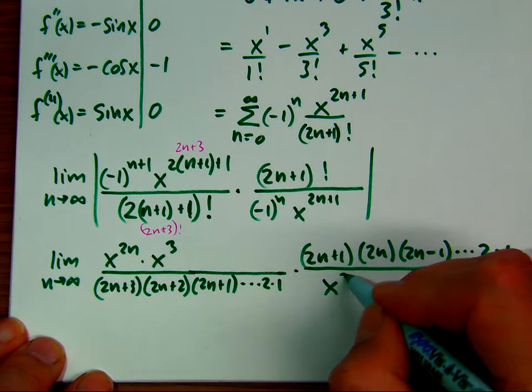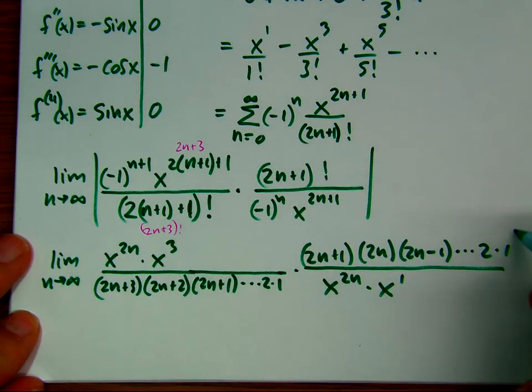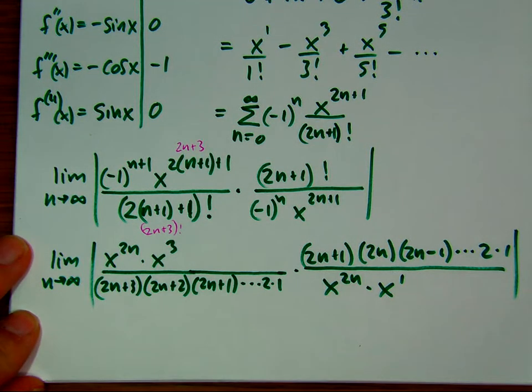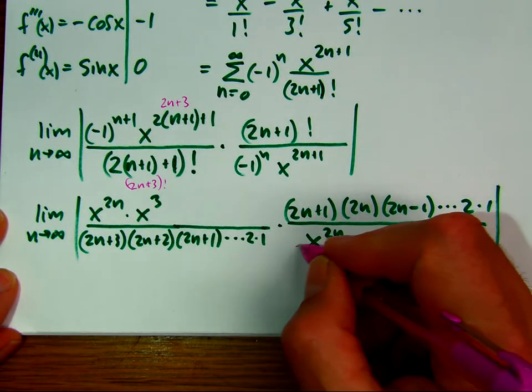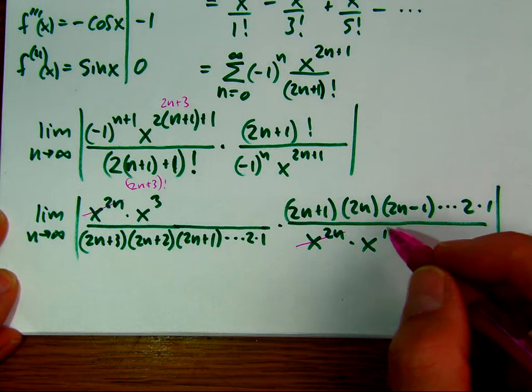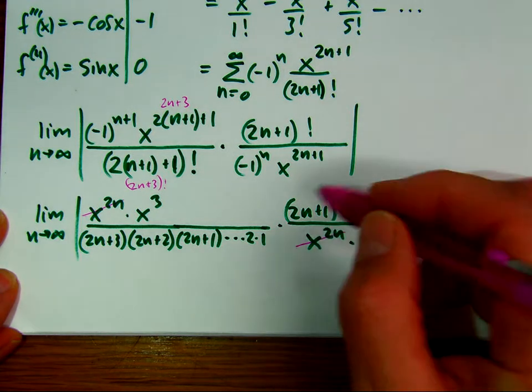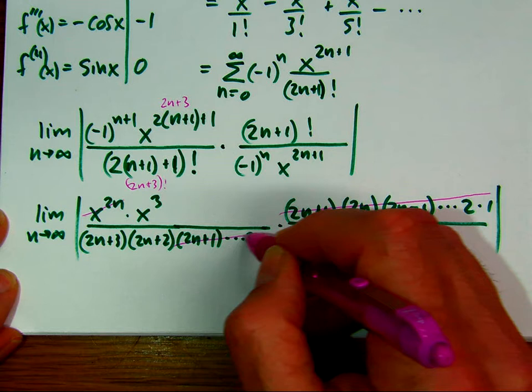X to the 2n times x to the 1. X to the 2n divides x to the 2n. Here we have 2n plus 1 factorial, and there's a 2n plus 1 factorial.